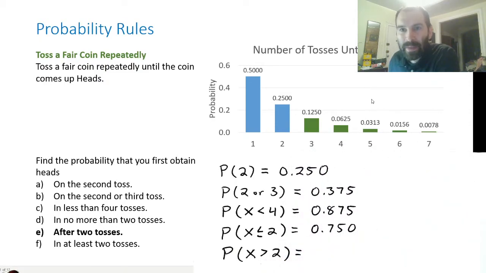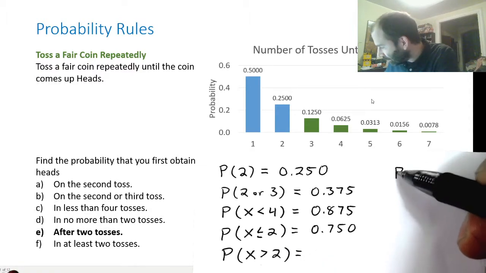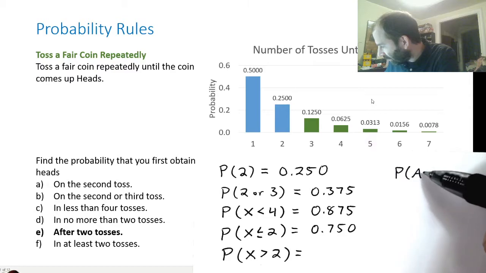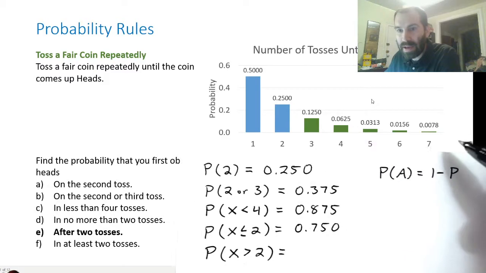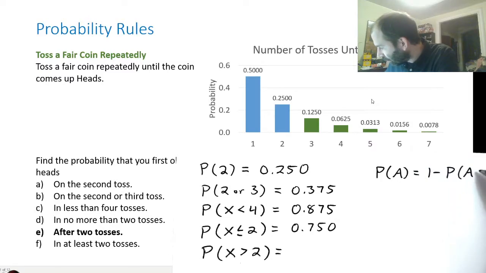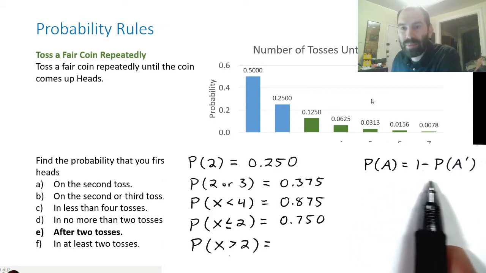Well, there is a way to do that, but there's a much easier way, and that is to use the complement rule. Remember that the probability of an event is equal to 1 minus the probability of not that event, which the book we've been calling A prime. This is the complement rule.